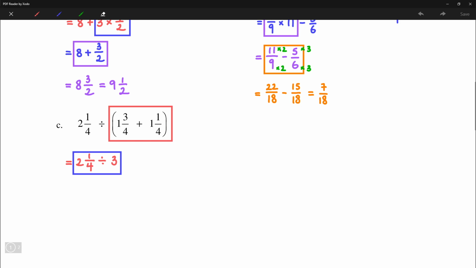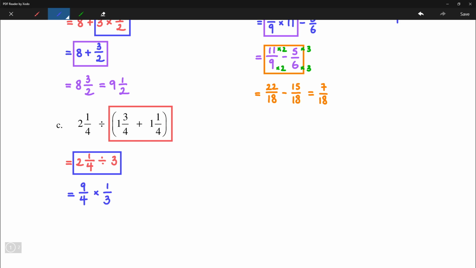So of course, when dividing, we're going to rewrite the mixed number 2¼ to be 9/4. And then rewrite the division question as multiplying by the reciprocal of 3 in this case, which gives us 9/4 times 1/3.